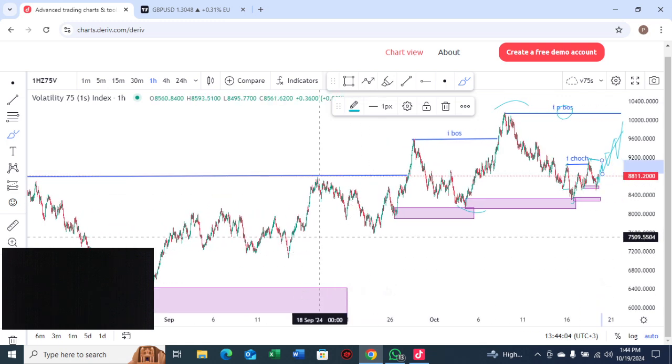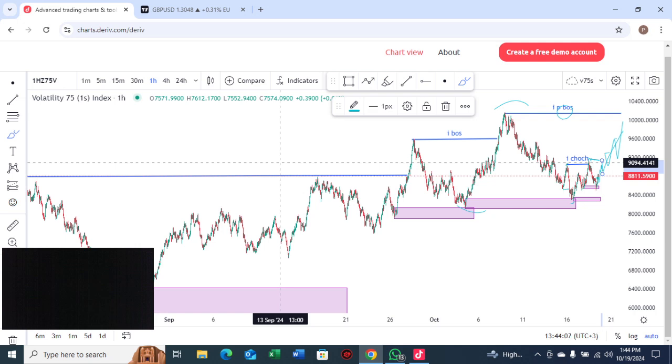It's not only forex or currency pairs that you can trade using SMC. Even the volatility indices on Deriv, the synthetic indices, you can use the same because they are using the same algorithm. They are imitating what the forex industry does.